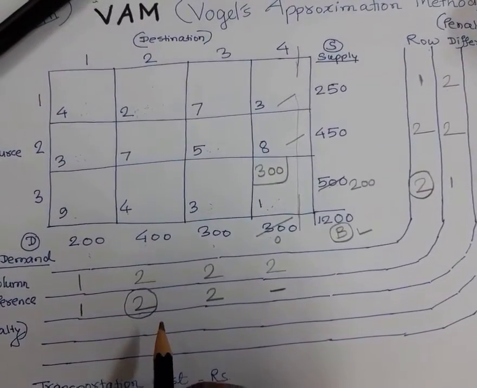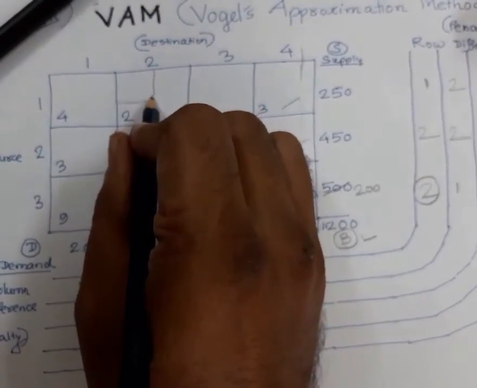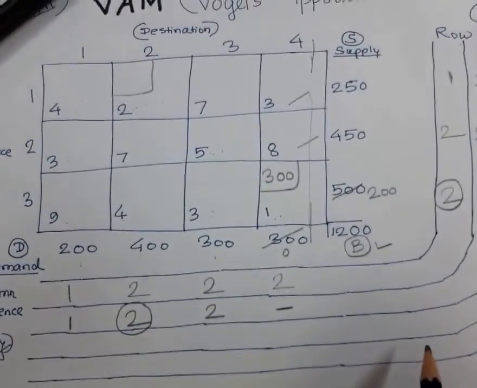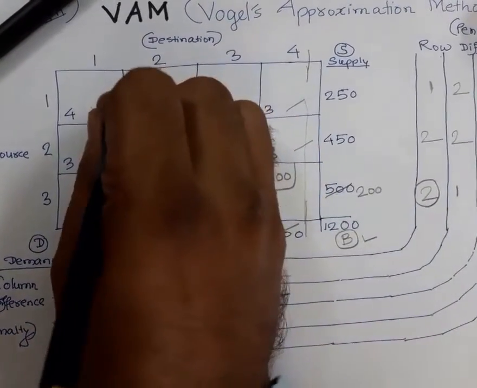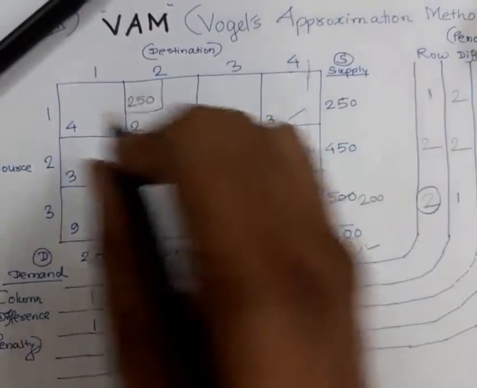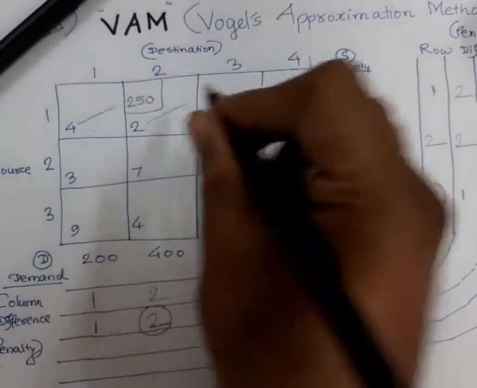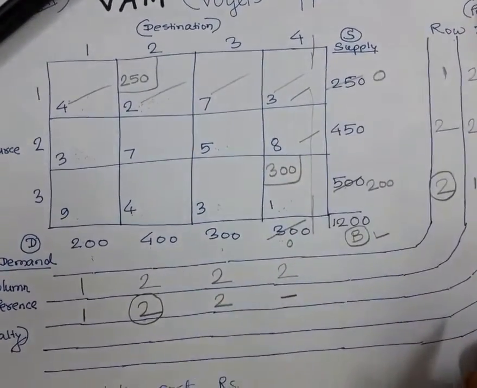Now locate the smallest cost here. Yes, this is the smallest cost. How much can I allocate here? I can allocate 250. This will be deleted. This will become 0.